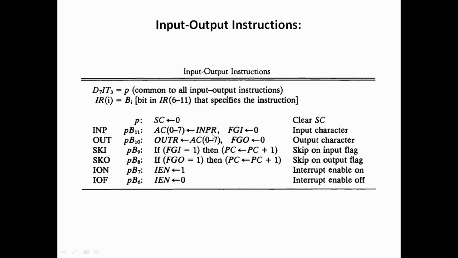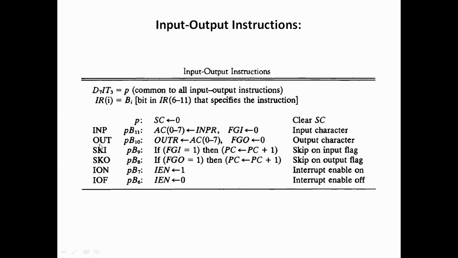Now since what is coming from the keyboard is just a character of 8 bits, only bits 0 to 7 of the accumulator will be used. So the transfer will be to this part, right? And once the input is done, we have to reset the input flag.